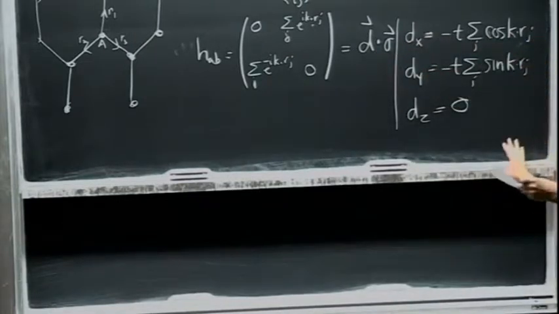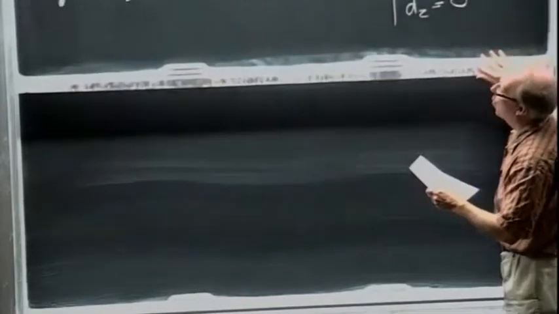Now one thing that it's useful to do is to think about symmetry a little bit. Again, I thought about symmetry in the SSH model. Let's think about the symmetries that this has.